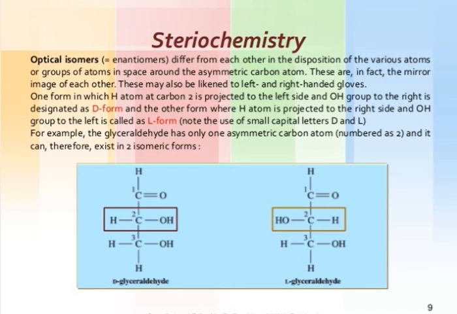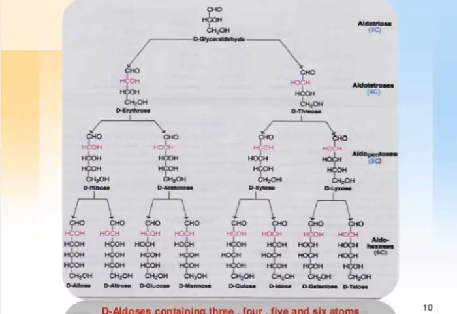And in levorotatory, the hydroxyl group attached to the chiral carbon is on the left side, and is called levorotatory. These two are called isomers, having a similar structure but different arrangement, with the same molecular formula. Then these are aldoses.